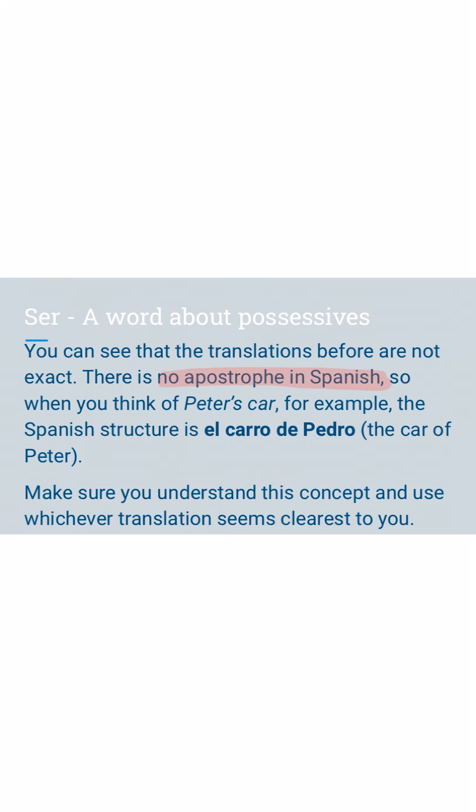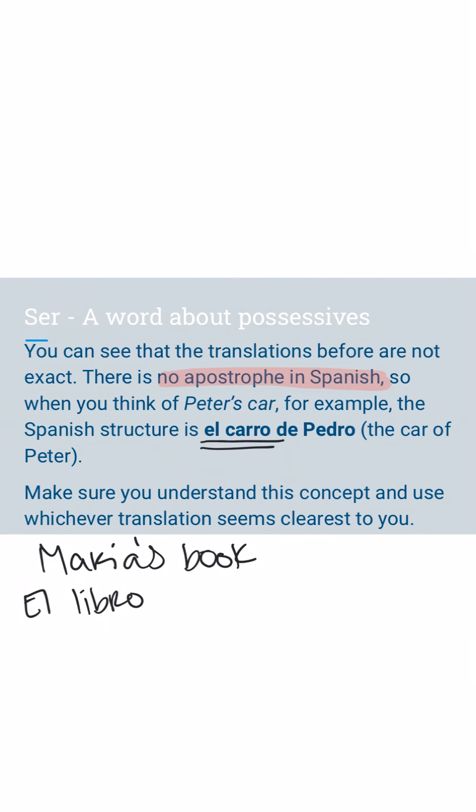If I wanted to say something like Maria's book. If you want, pause, write this out yourself, see if you can figure it out. How would I do this in Spanish? Ready? Instead of Maria's book, we're going to write el libro, right? Because again, we have the noun first, and then de, which is my preposition, and then boom, we have Maria, the book of Maria, or Maria's book.